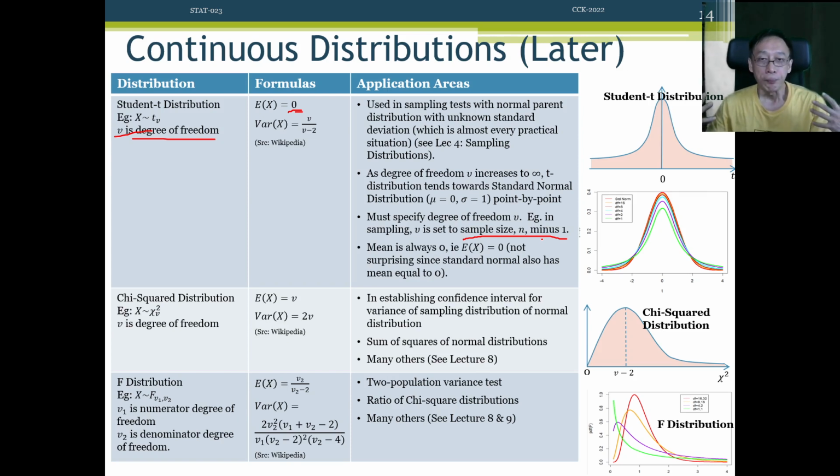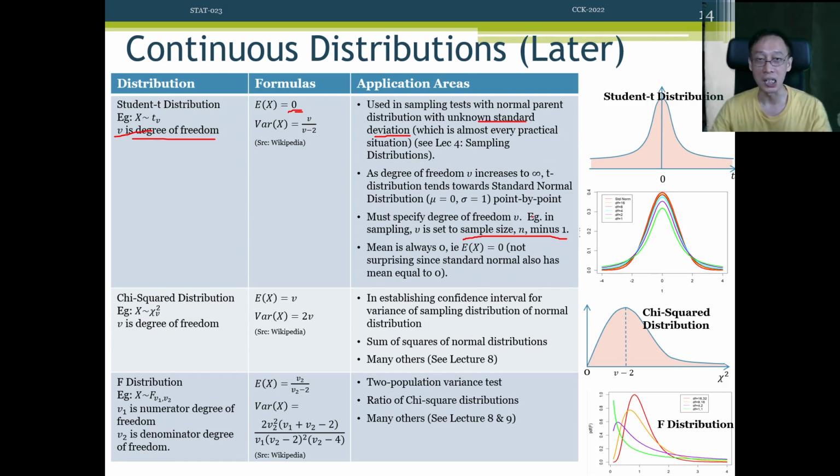So when we perform sampling with measurements drawn from a normal distribution, but we are not aware of the population standard deviation, something we'll discuss a lot more in lesson 4, right? In sampling situations where we have the sample size n, let's say n is 16, then our degree of freedom is 16 minus 1.